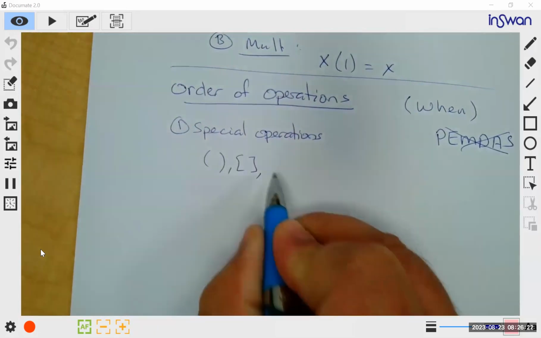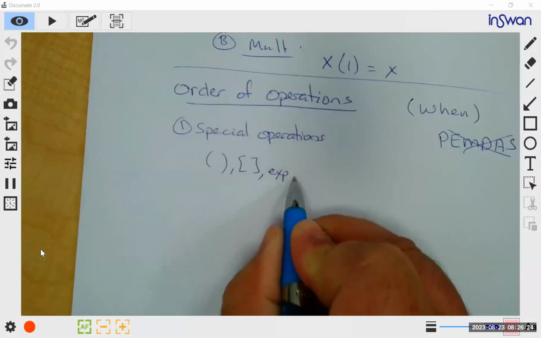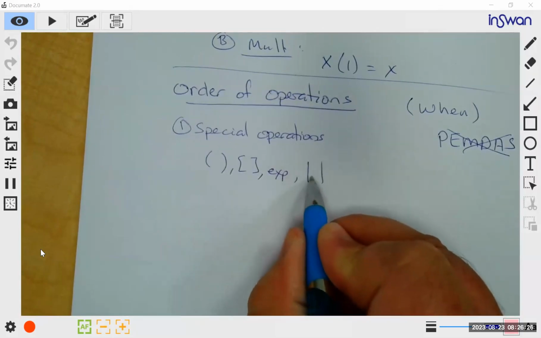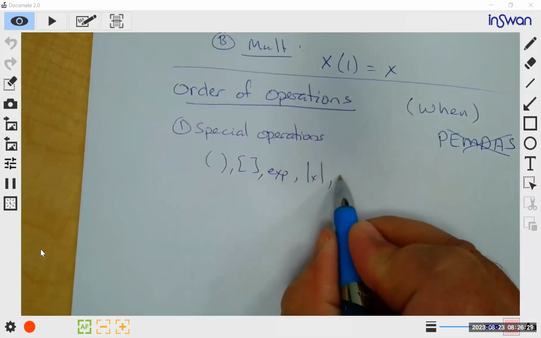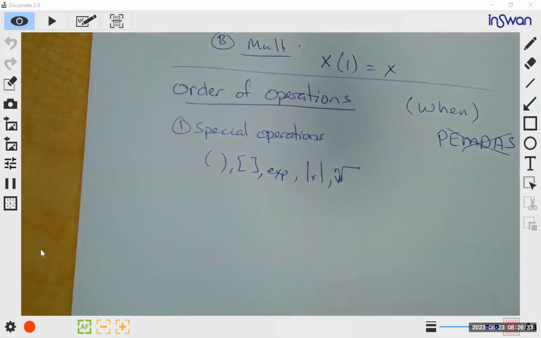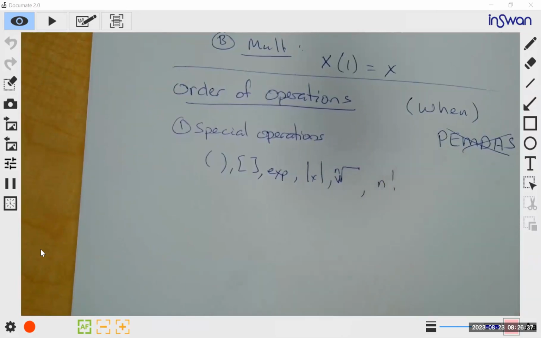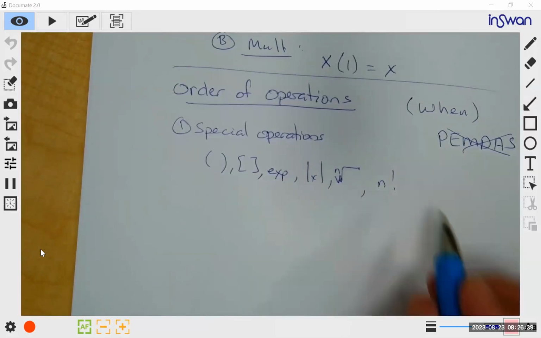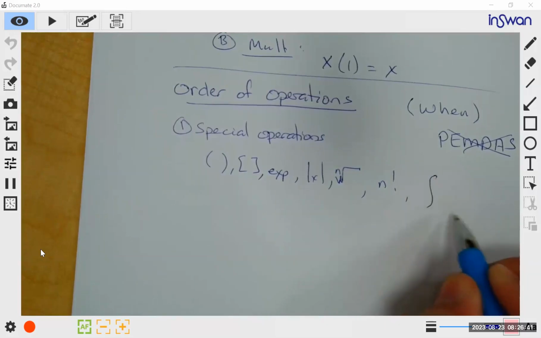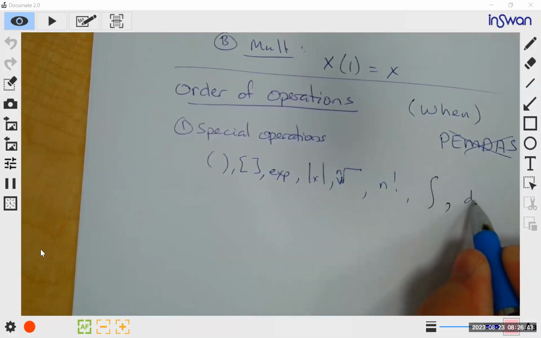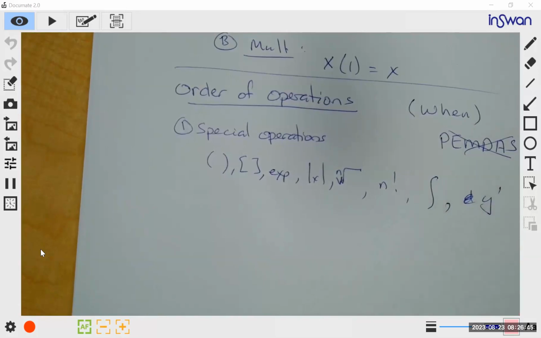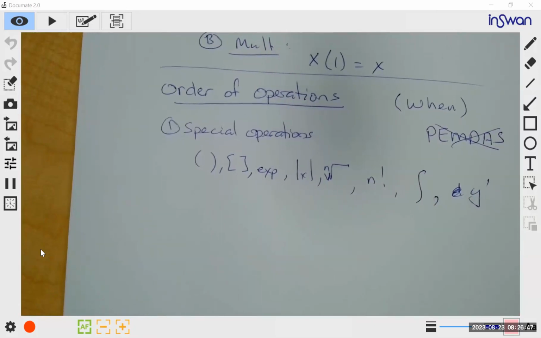Parentheses, brackets, exponents, absolute values, radicals, nth root radicals, square roots, and factorials, integrals, derivatives. There are over 400 of them.